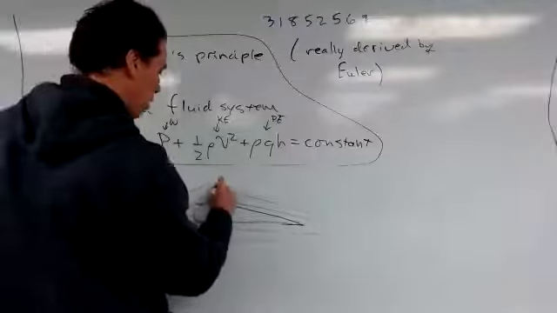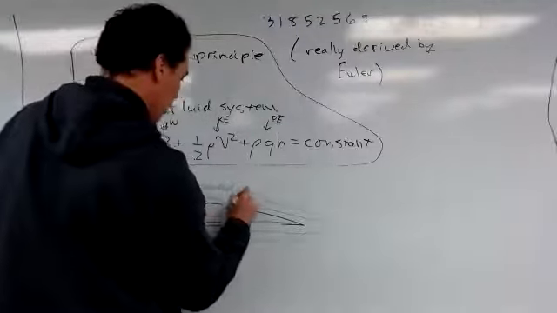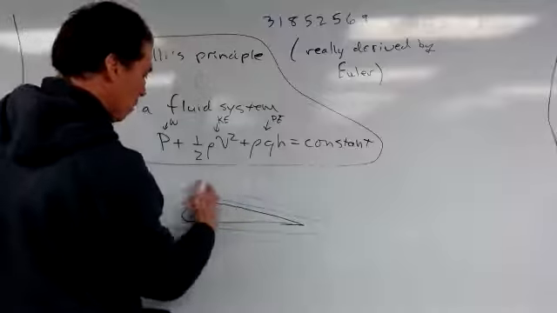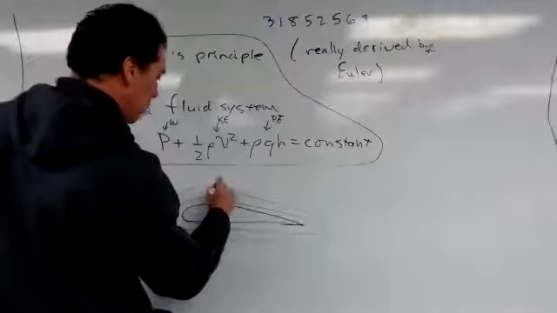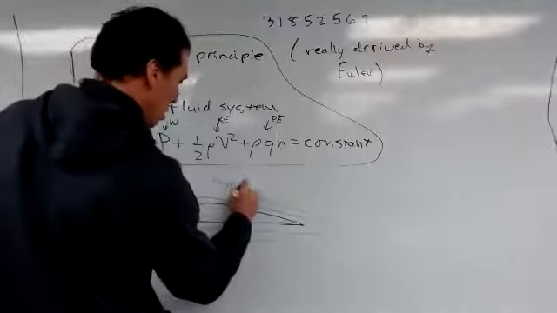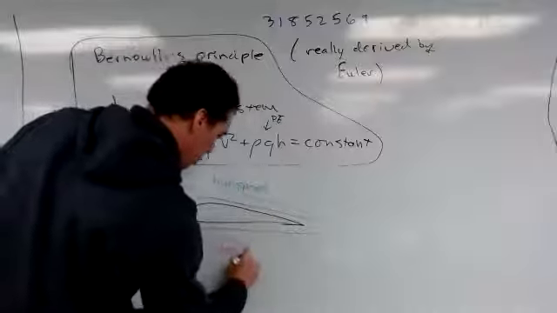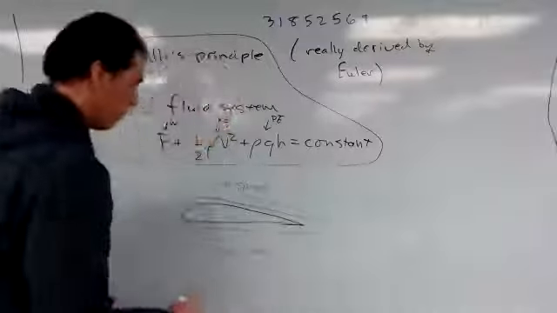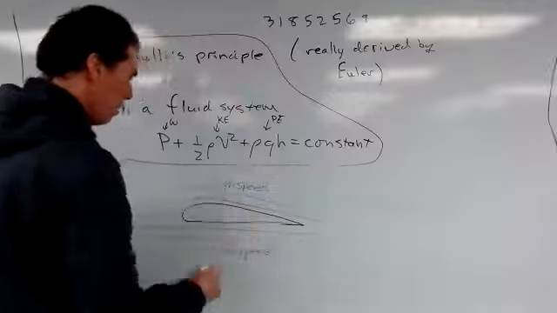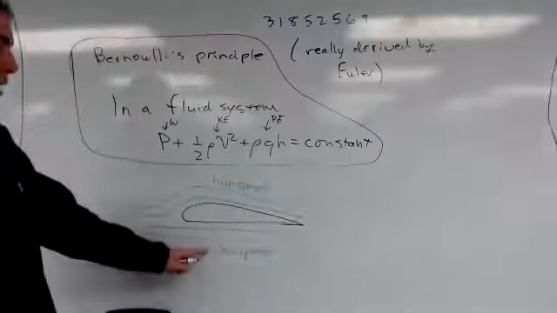And so above the wing is low pressure, or I should say, let me get back to that, is a high speed. And low speed.